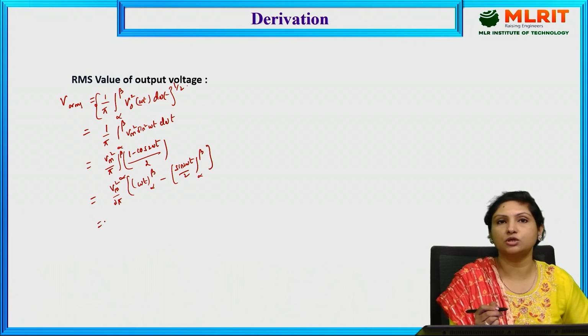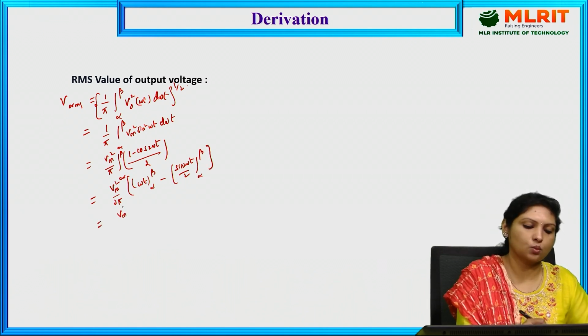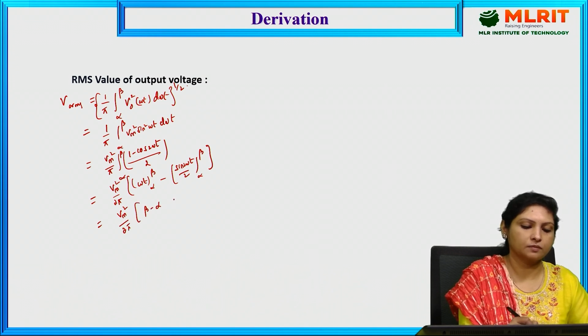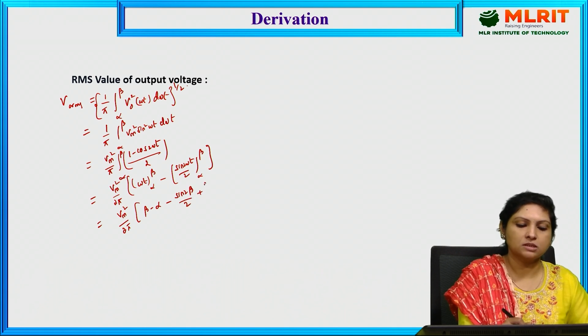If we substitute the limits, we get Vm square by 2 pi, beta minus alpha, minus sin 2 beta by 2, plus sin 2 alpha by 2, whole to the power of 1 by 2.